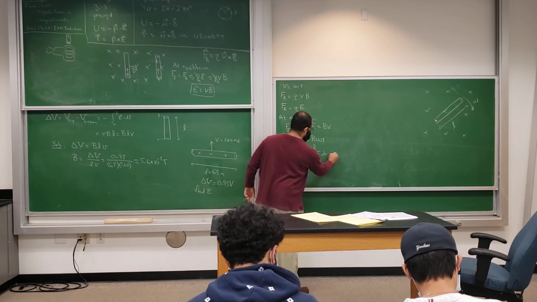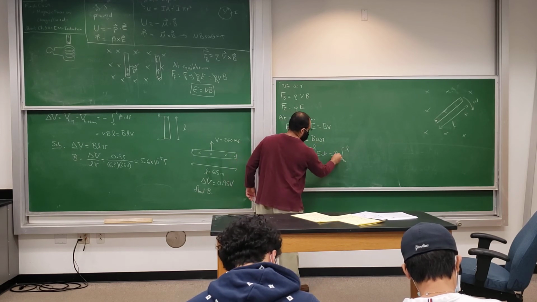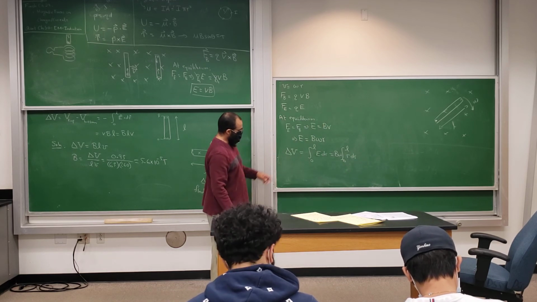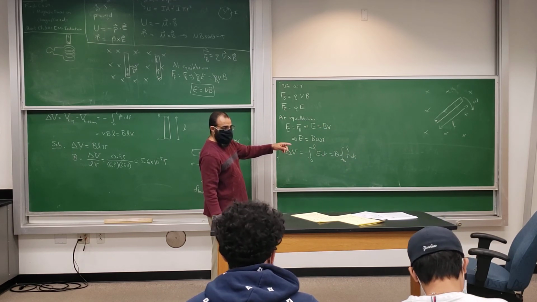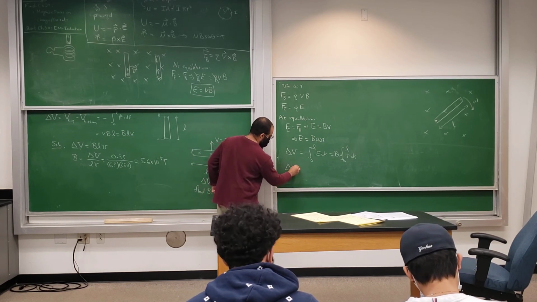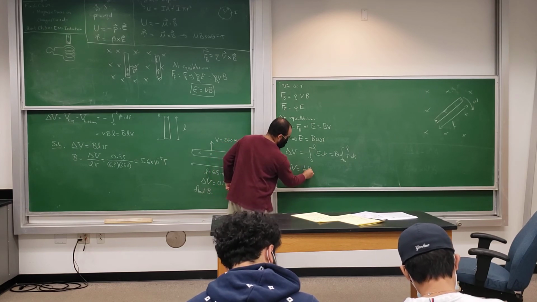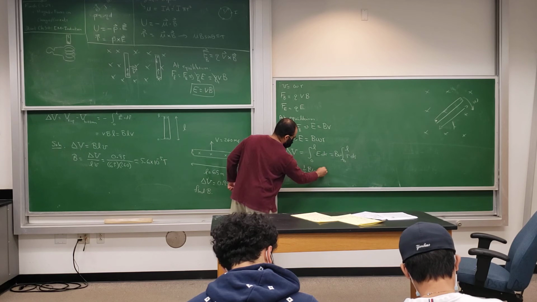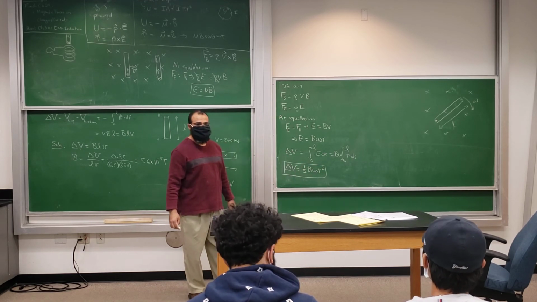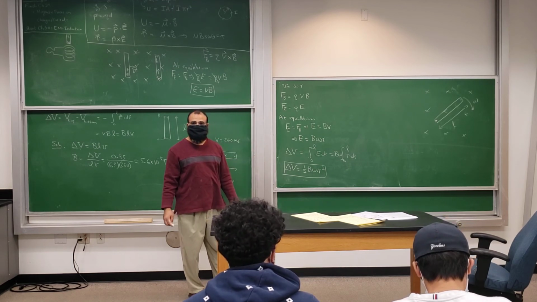So you integrate from 0 to L, B omega, that's constant, and then you have r dr. The integral of r is r squared over 2, evaluated between 0 and L, so the potential difference delta V would be 1/2 of B omega times L squared. That's the potential difference between the farther end and the closer end.